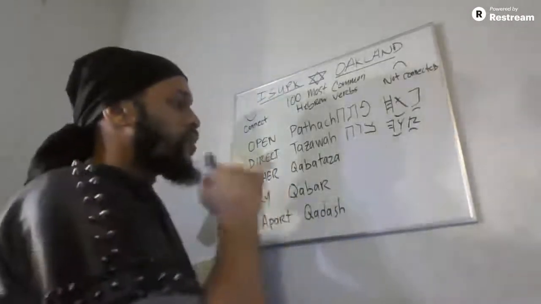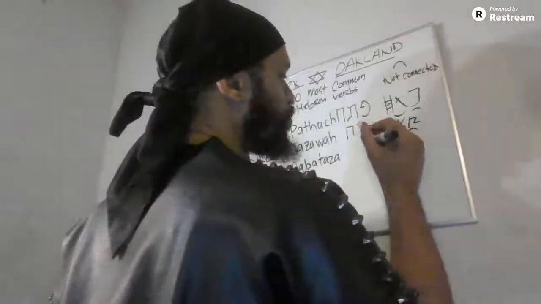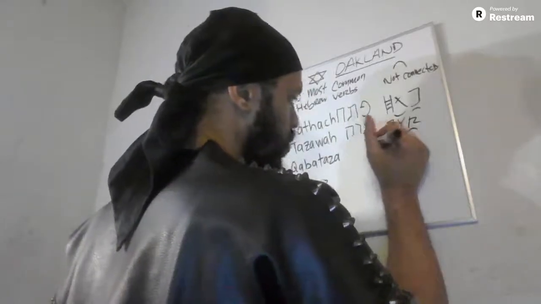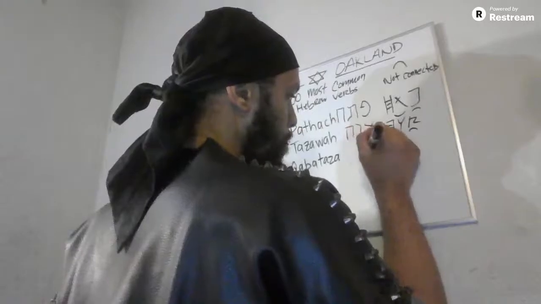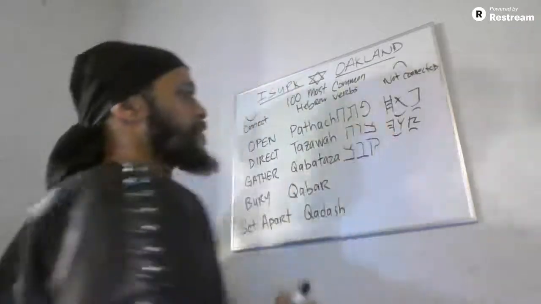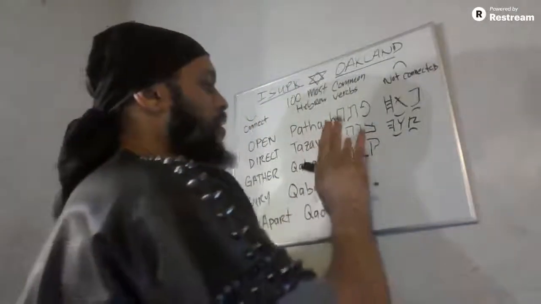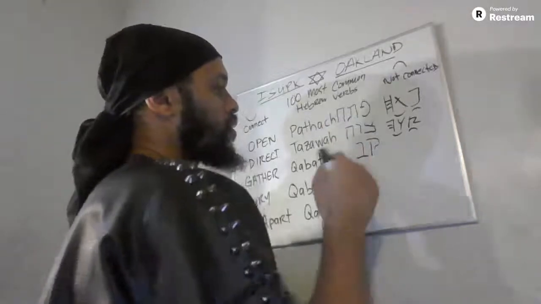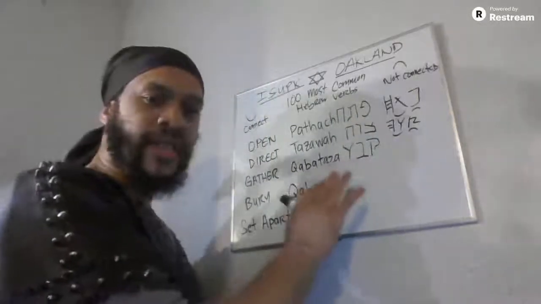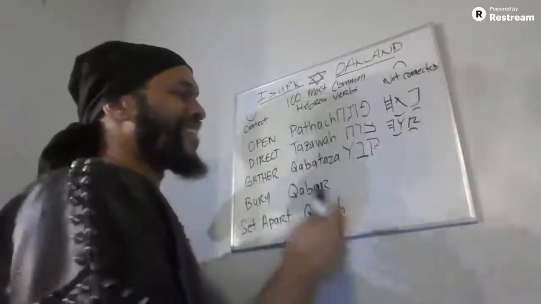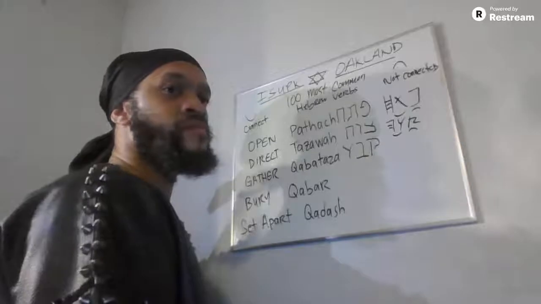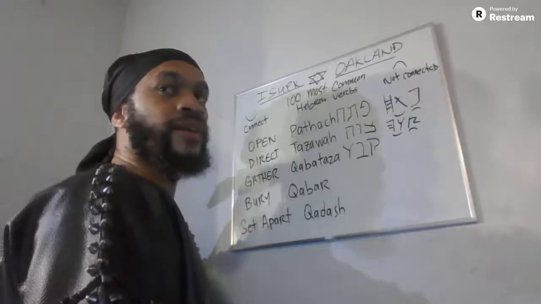So gather is Quabataza. In the Assyrian, Qua, Ba, Taza. It's at the end. Perfect. So it looks like an exaggerated Y, or a backwards Y really, no top. The water.